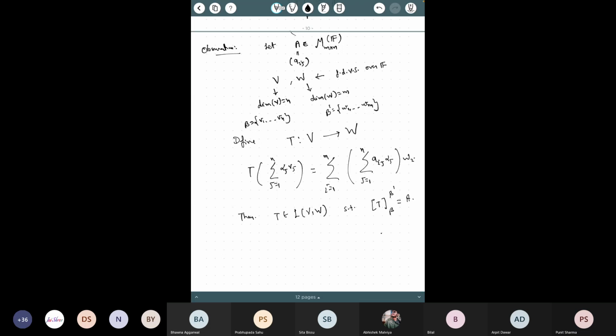So now you know that from a linear transformation you can find a matrix, and if you are given a matrix, you can always find a linear transformation whose matrix with respect to some bases is the given matrix. So both ways you know now.